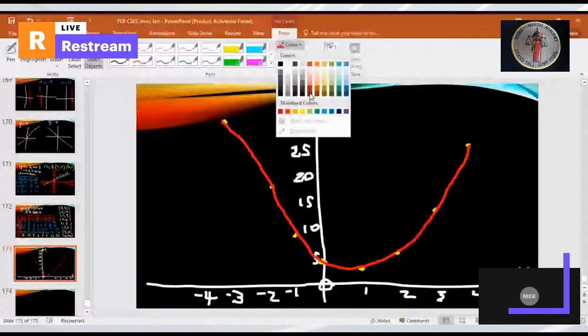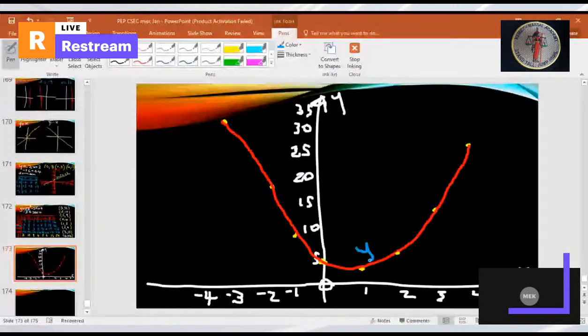So write that along the curve. y equals 2x squared minus 3x plus 4. All right, and that is our equation.